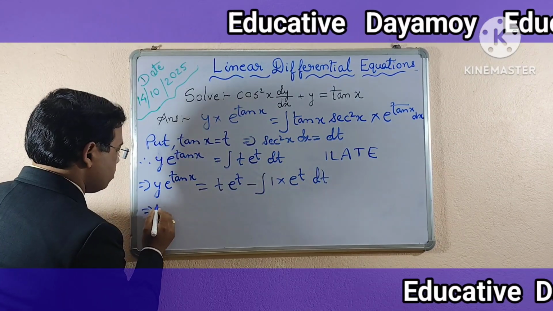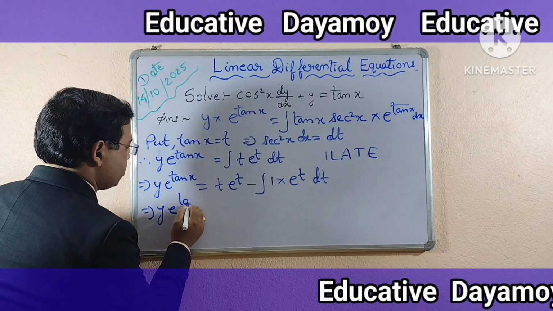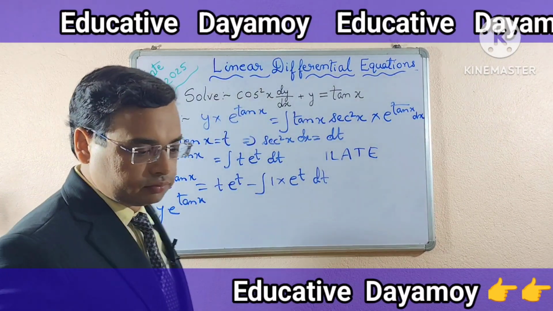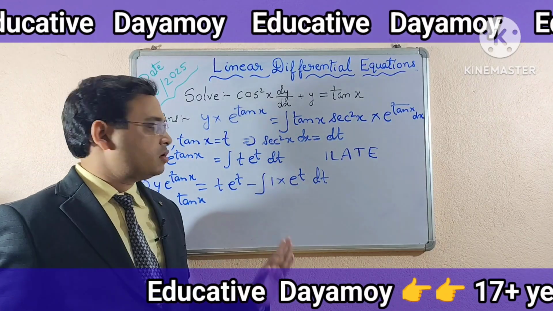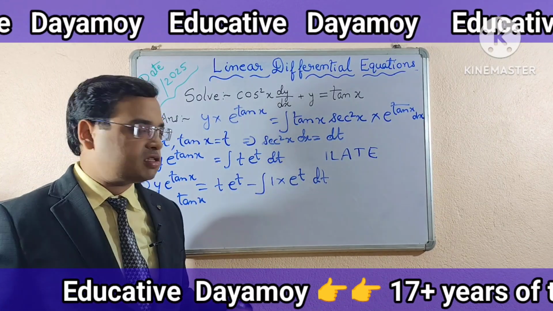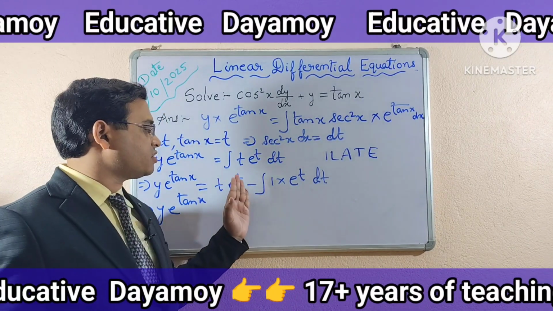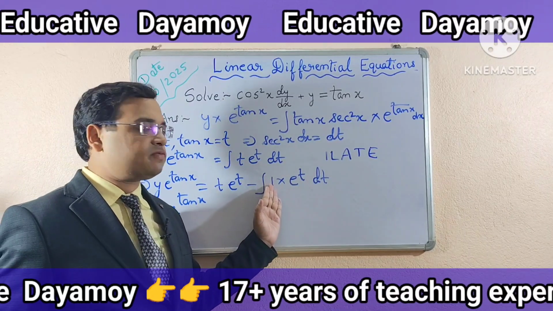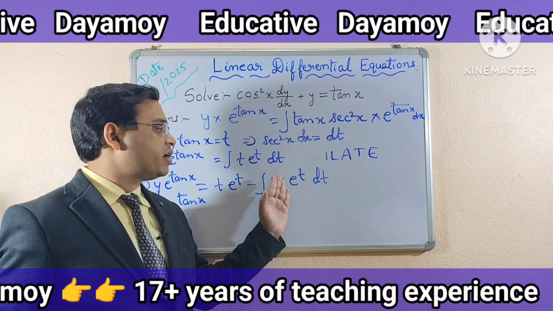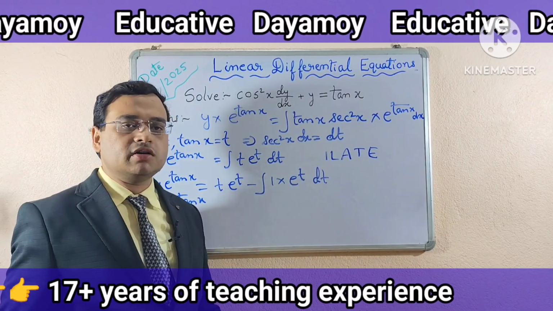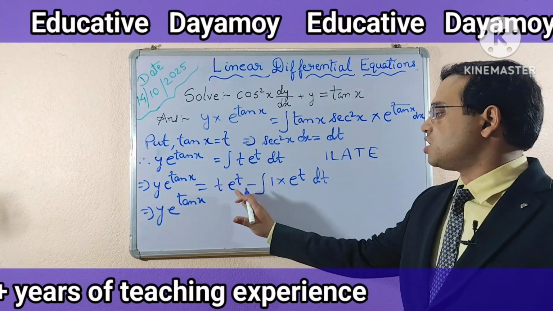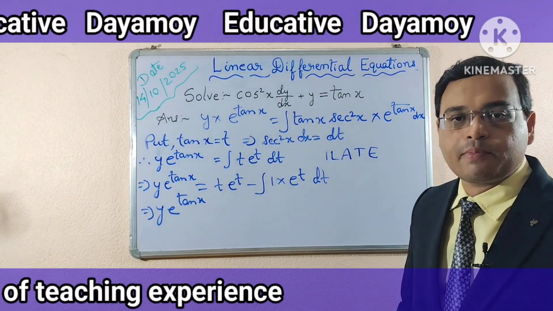Again I will write y e to the power tan x. This is the formula for integration by parts: first function into integration of second function, minus integration of differentiation of first function into integration of second function dt. Again I am repeating, this is the rule of integration by parts.